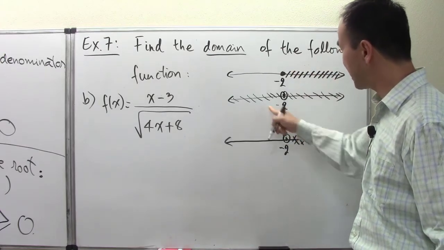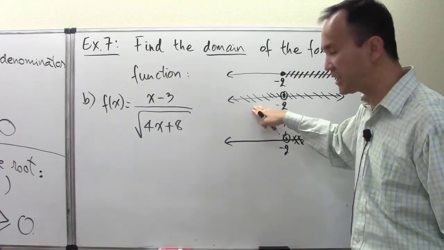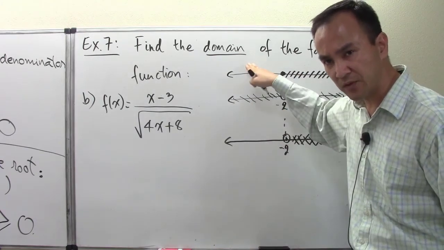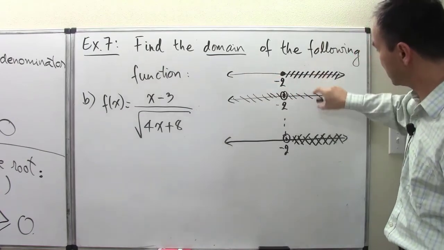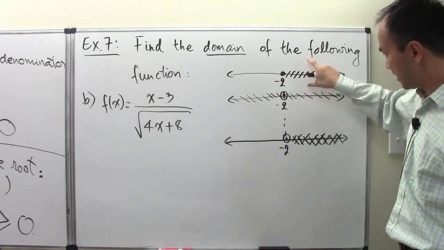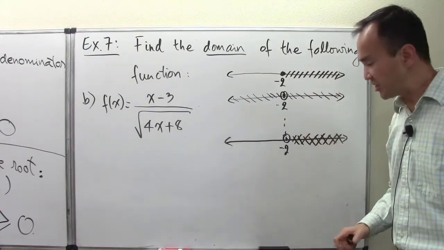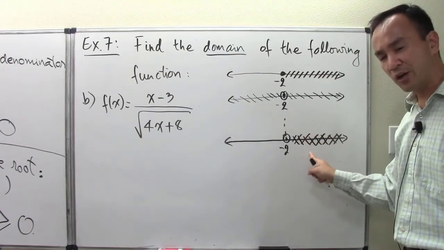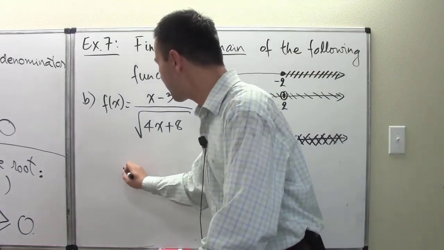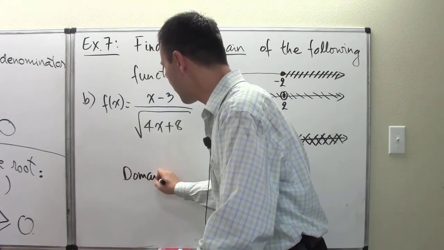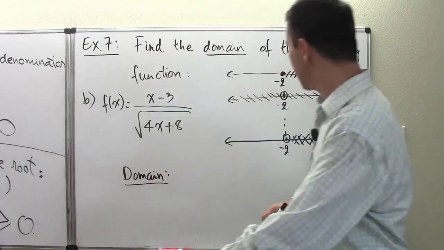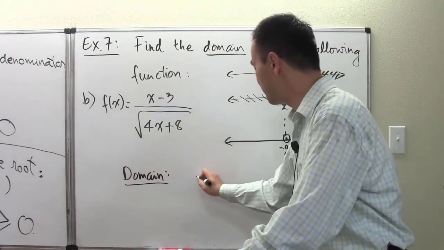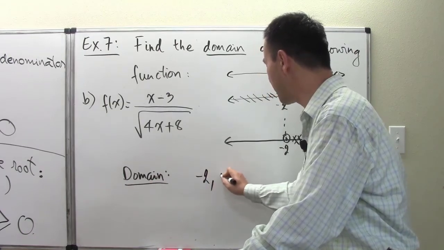The reason we don't take the other shaded region is because it only satisfies one requirement but does not satisfy the other one. So the only part that satisfies both is the double shaded region. So now from reading this final graph, we're clear with our answer about the domain. The domain here is anywhere between -2 and infinity.